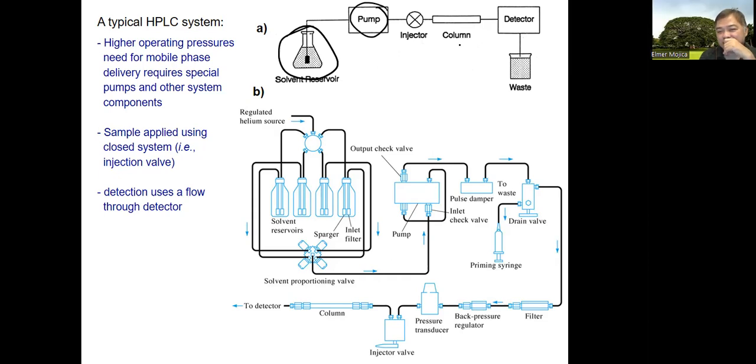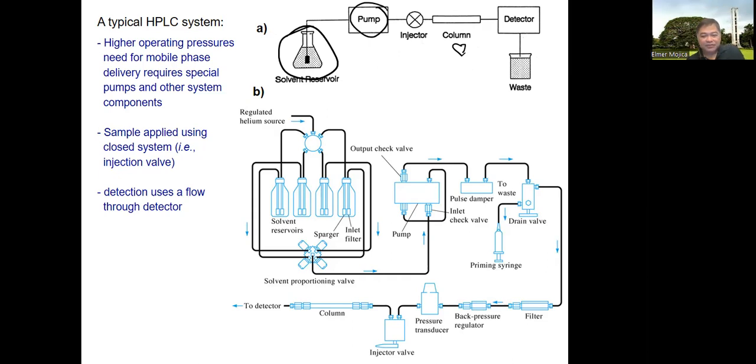And as I told you, the column is the heart of chromatography, because that's where separation takes place. Once they are separated, there are different types of detector that we're going to tackle later on, okay? And then there's a readout system, and in most detectors, you can recover the separated components of your sample. That's a good thing, okay?